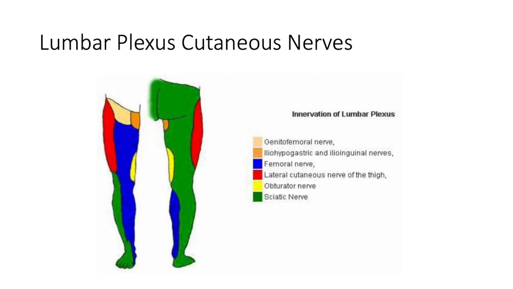Here are the lumbar plexus cutaneous nerves and where they come from. I just want you to make sure that you look over these and know where these are located. So, for example, a patient comes in complaining of numbness and tingling on their lateral thigh, and you have to figure out what's wrong with this patient.